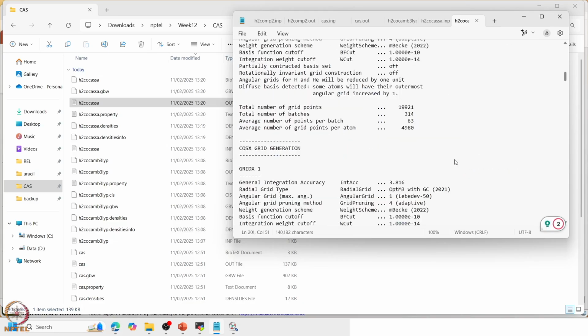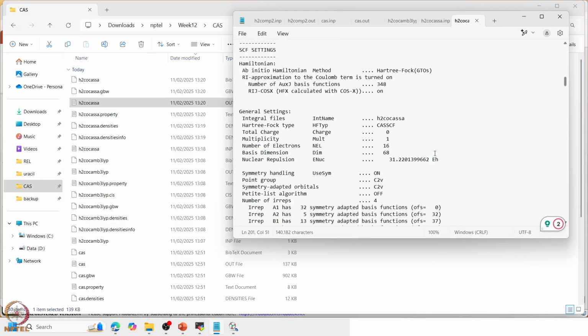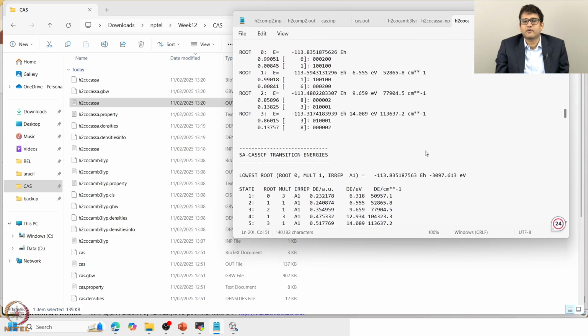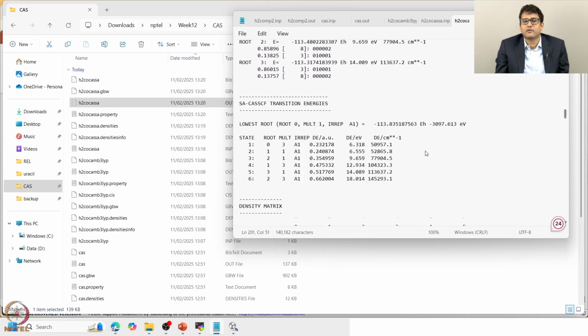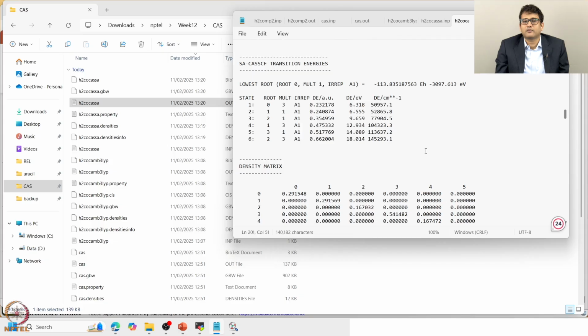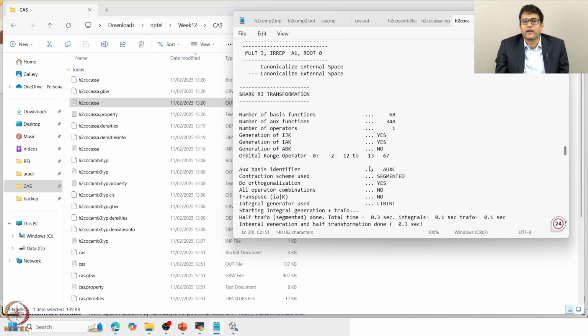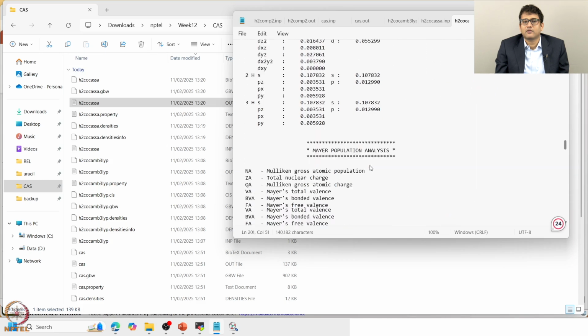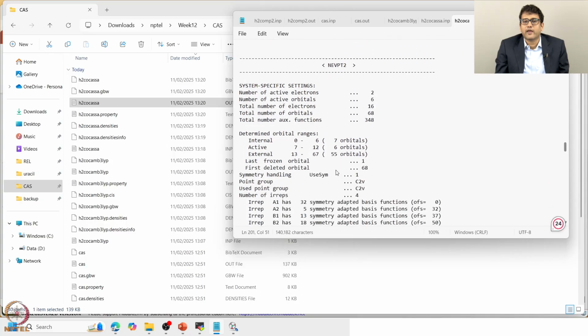So first it will do the CASSCF step. Once it is done with the CASSCF step, it gives you the corresponding energies, and after that it will start doing the NEVPT2 calculation.